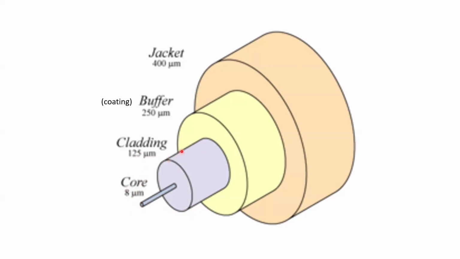Everything else that covers that is for protection. So you will have a buffer, different jackets, surrounded by whatnot as you need. Obviously you will not have to protect a fiber optic that is being laid in the cable tray above the ceiling somewhere and carefully placed so nothing presses on it, nothing touches it too much, and it's nicely laid.